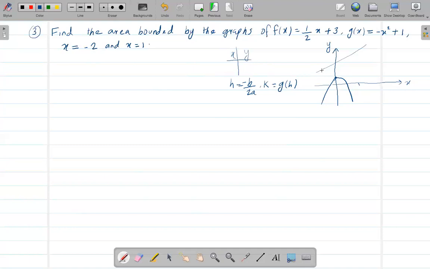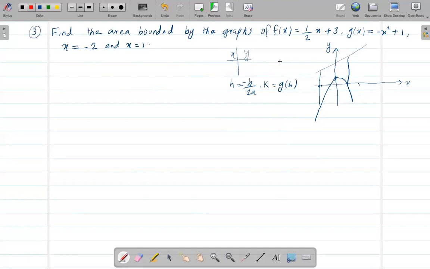But anyway, f of x will be on the top in this case, and g of x will be on the bottom. And now we are also considering the interval from -2 to 1. So let's say this is -2, and 1 is somewhere down here, and you will get something like this.